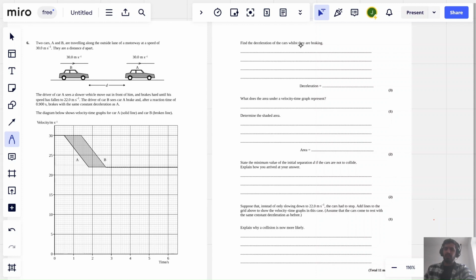So we have solved many questions on this. We know that for a velocity time graph, the slope of the velocity time graph will give us the acceleration. So we just have to find the slope. So let's find the slope for this line. Since both are parallel, they'll have the same slope. So to find slope, we need the change in y, which is the difference between these values, and we also need the change in x.